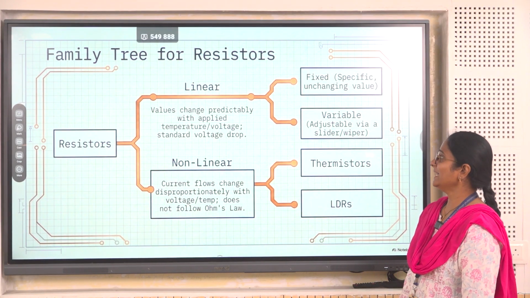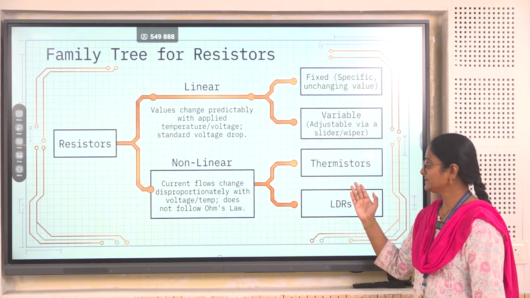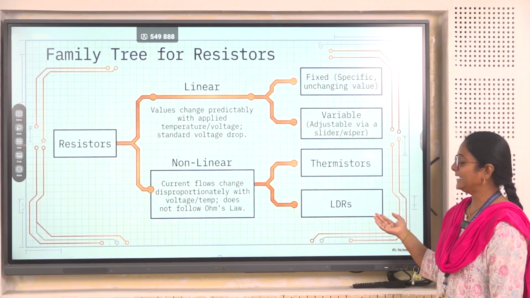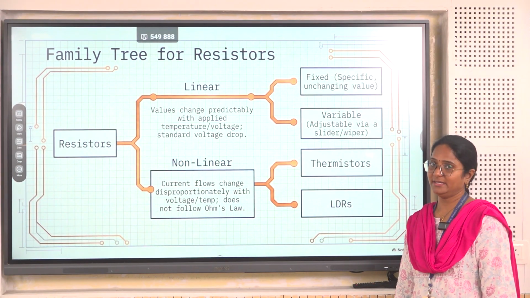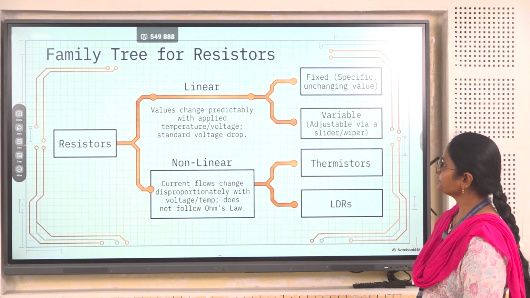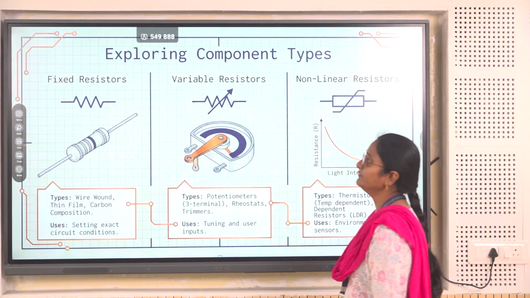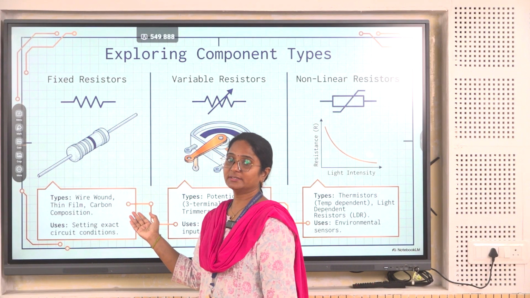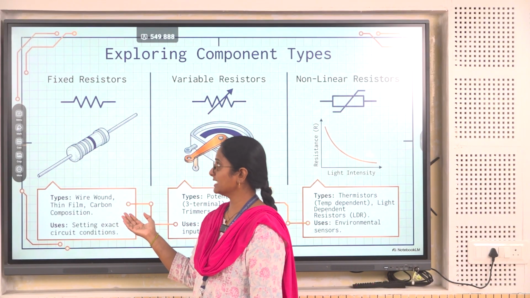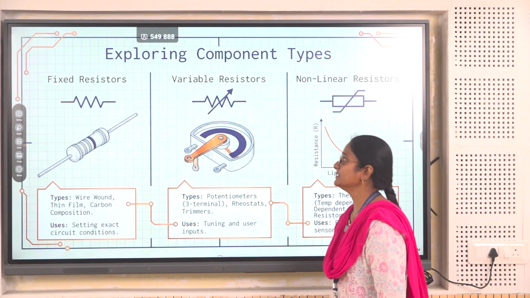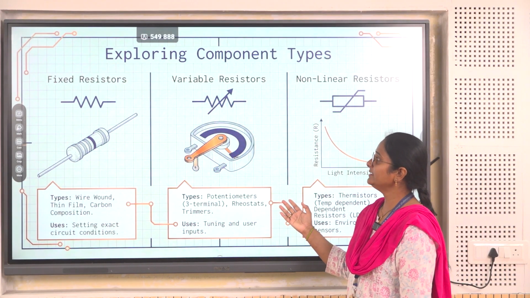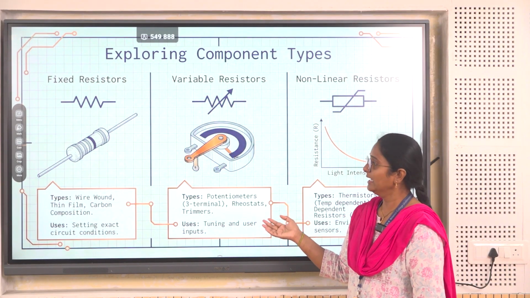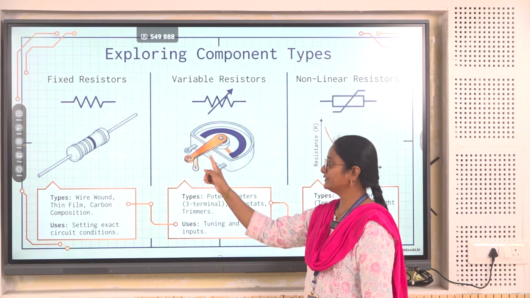The best examples of non-linear are the thermistor, the temperature dependent resistor, and LDRs, which are light dependent resistors. The fixed type of resistors look like this, and the wire wound or carbon composition resistors can be considered fixed type. These are the variable resistors, where you can consider the potentiometer or rheostat, which you use in practicals, and they consist of three terminals.